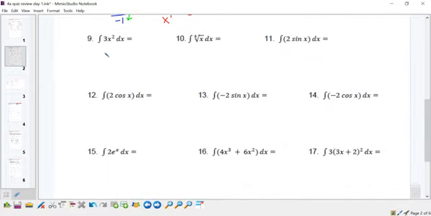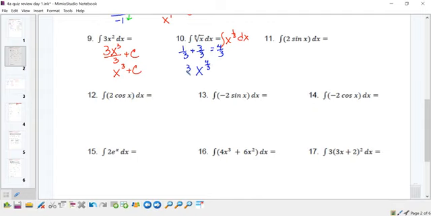All right, for 9, add 1, divide by. So that just becomes x cubed plus c. Oh, this one I have to make a power. Add 1. So we get x to the 4/3 divided by 4/3, which is multiplied by the reciprocal, plus c.